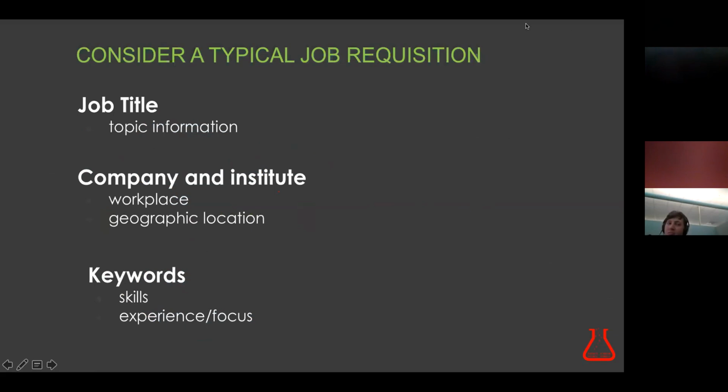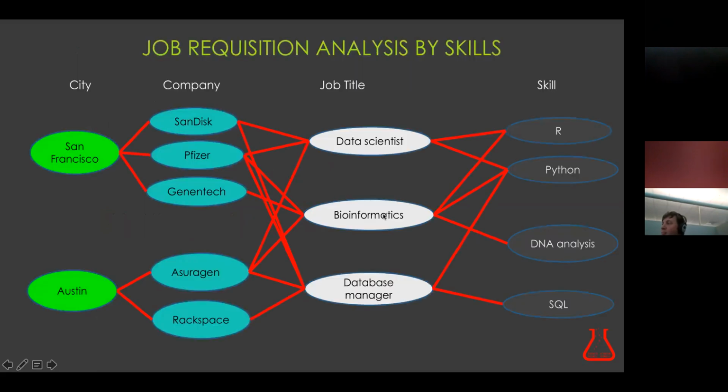Next slide. Here's an example of a couple of companies and cities and job titles and some of the skills that come up in those job titles. Gunnar's going to walk us through a couple of the features here.